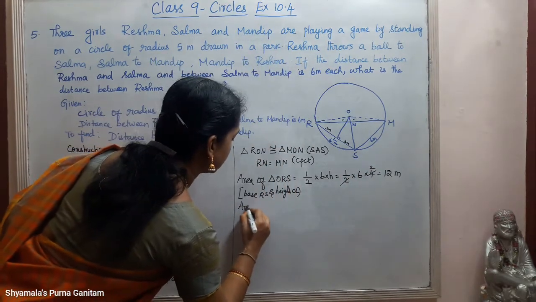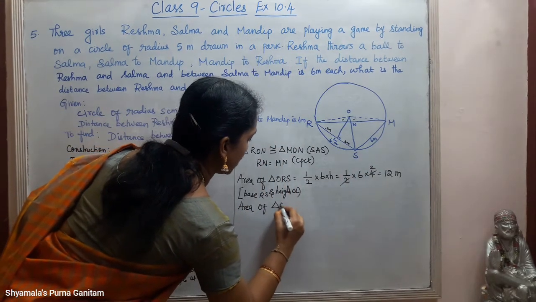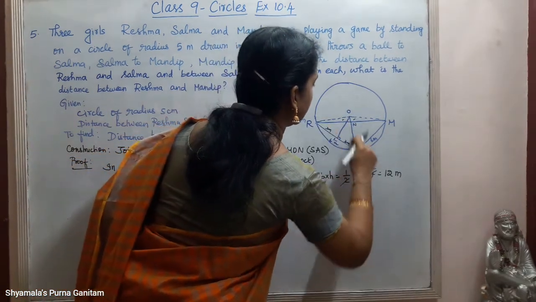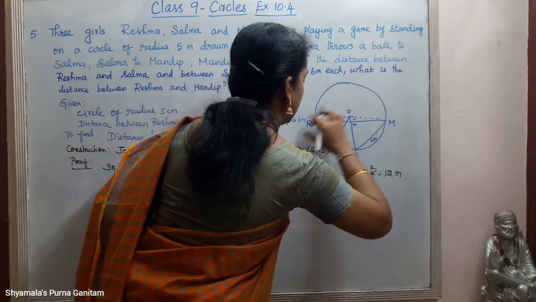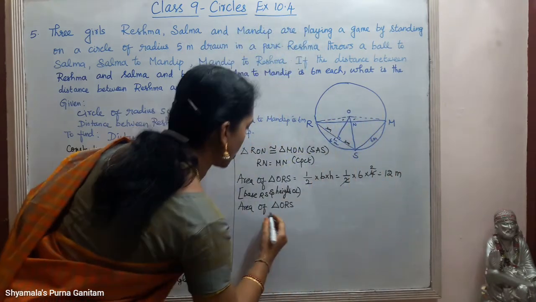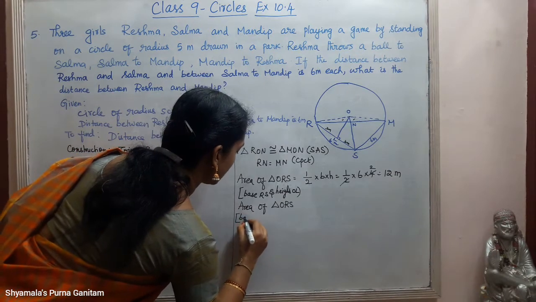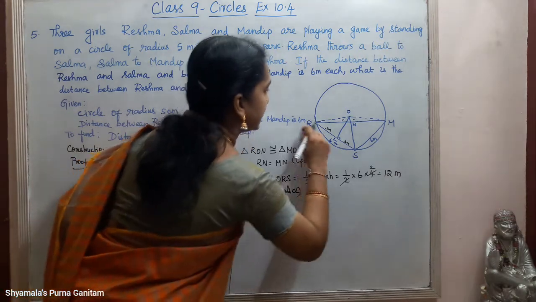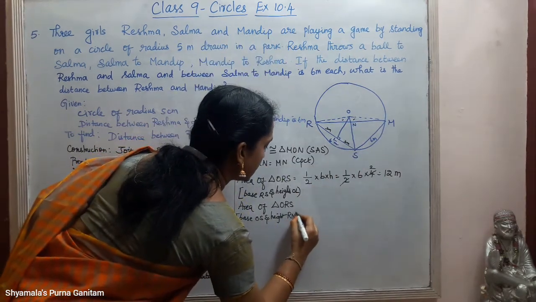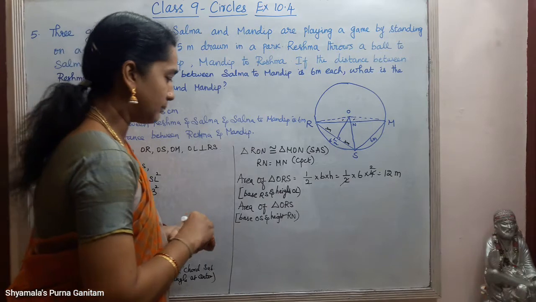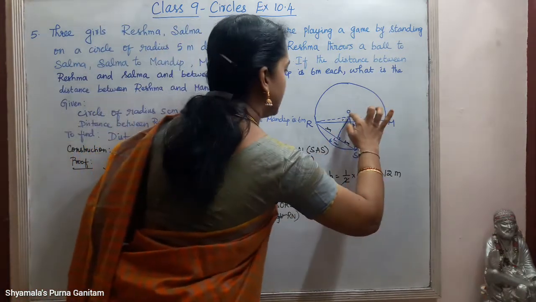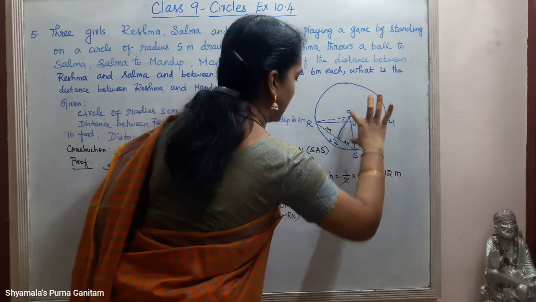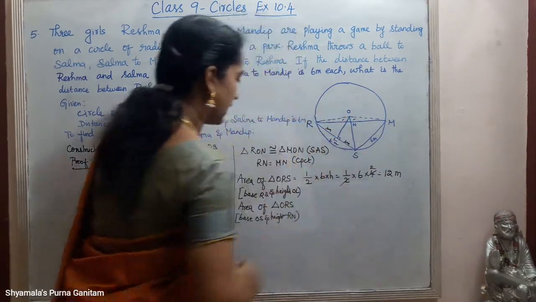Then we will take the same triangle ORS. See this triangle, the base of the triangle is OS and the height is RN.